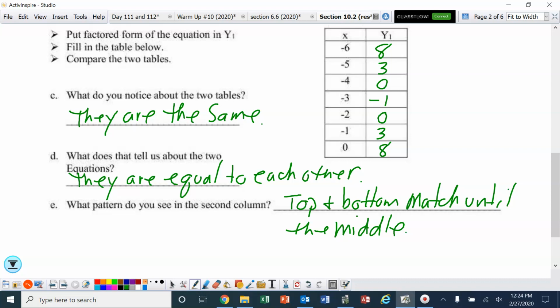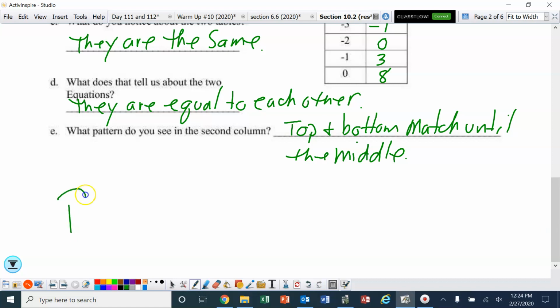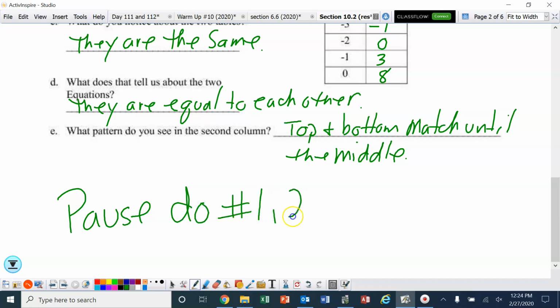Before we do that, I am going to go on. You can pause the video now and go ahead and do problems. Okay, let me write this out. So pause. Okay, do number 1, 2, 3, 4, 5, 6, 7.